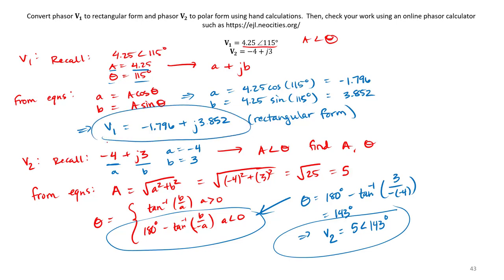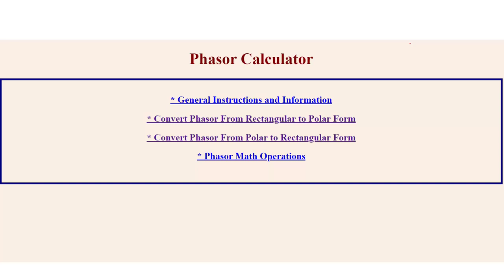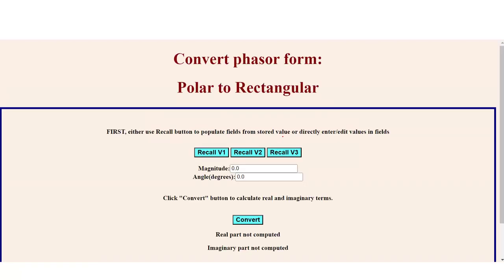So now let's go ahead and check our work using our phasor calculator. All right, so if we pull up our phasor calculator, let's first check our phasor V1. We want to convert from polar form to rectangular form.